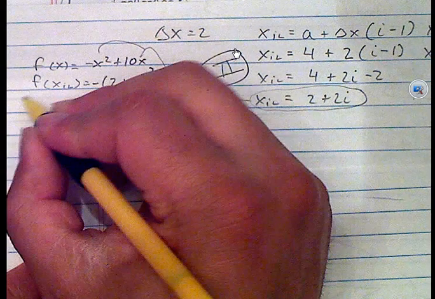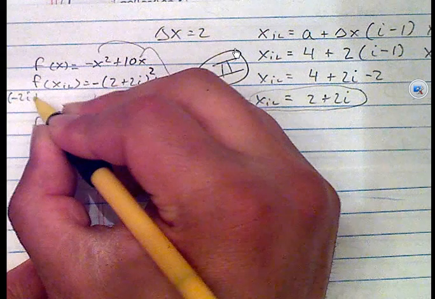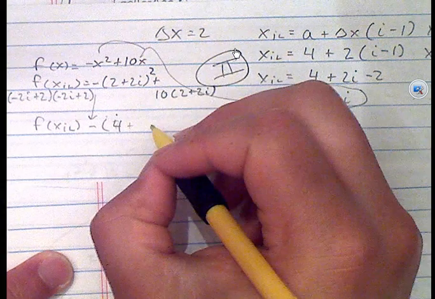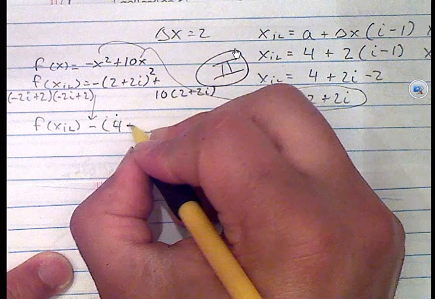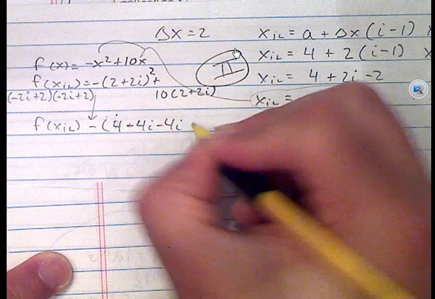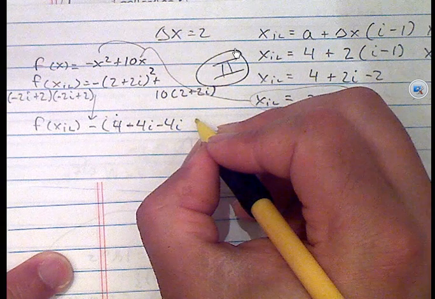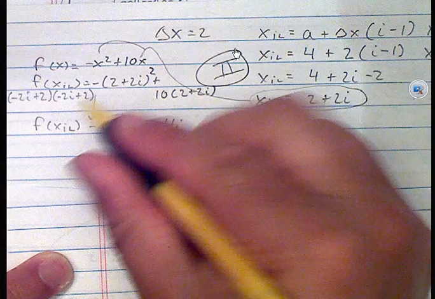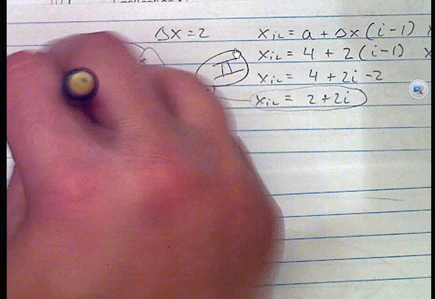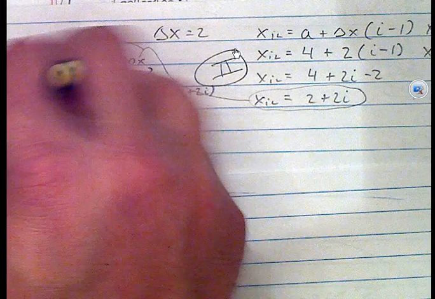Right here, negative, 2 plus 2i times 2 plus 2i. Oh, doggone it. How did I distribute that negative?